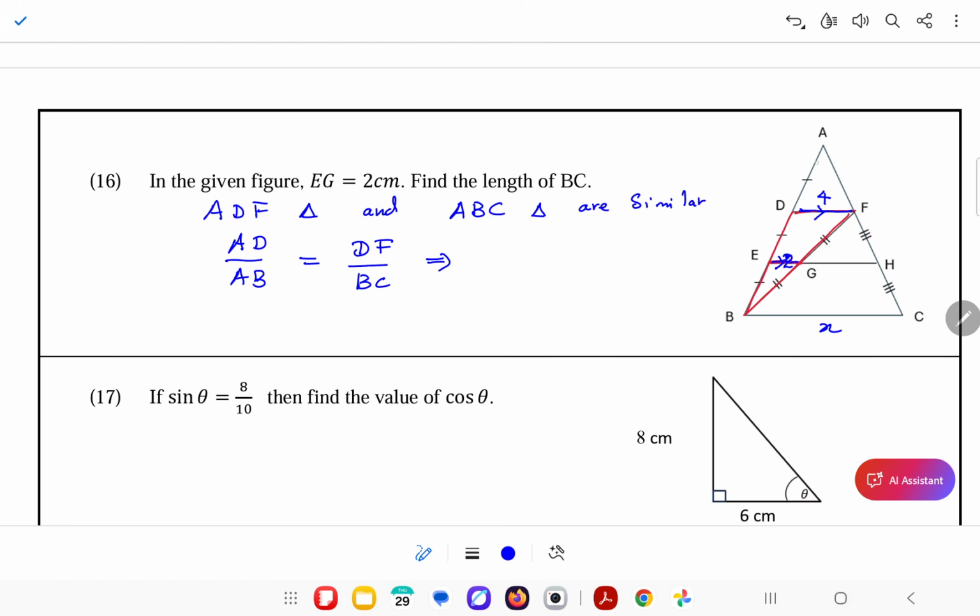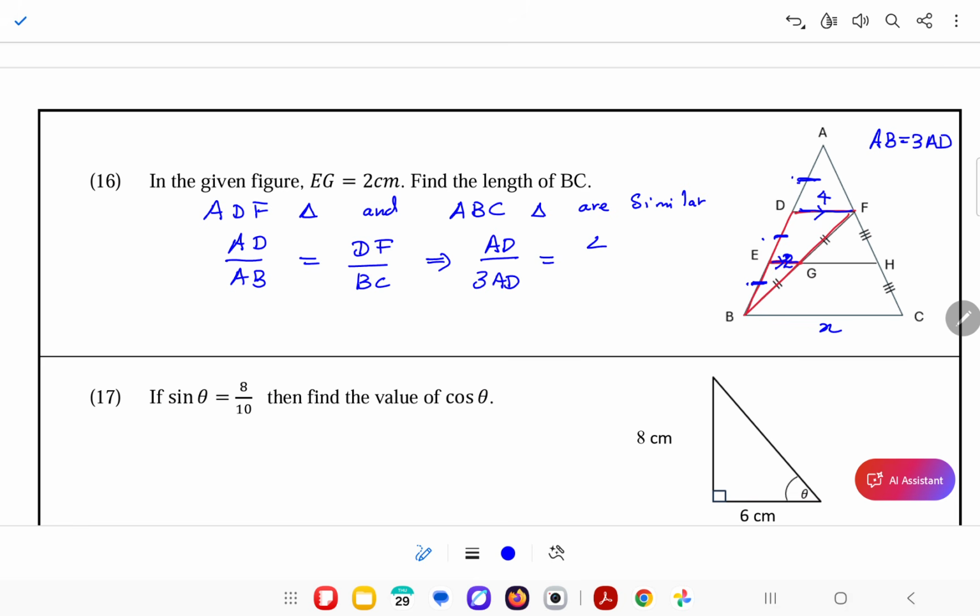AB is what? 3 times AD, right? Because these three lengths are the same, no? Look. So AB is 3 times AD. AB is made up of these three parts, which is 3AD.